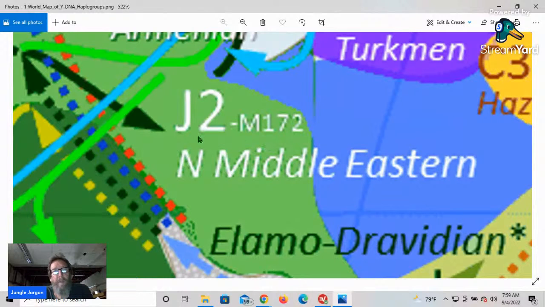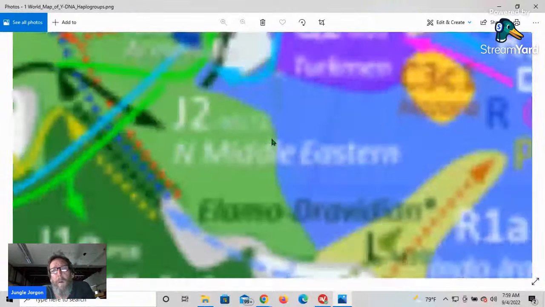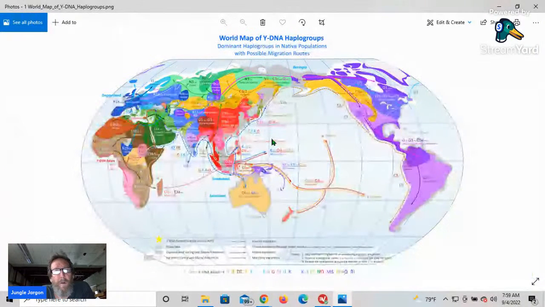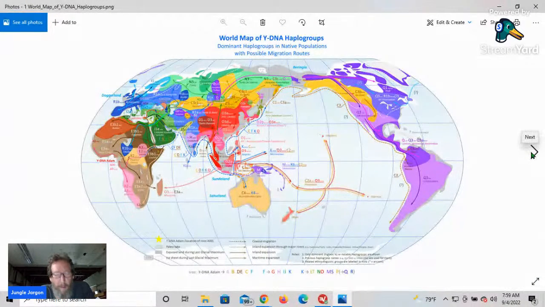J2 would be Judaic, especially this M172, which I believe would be the descendants of the house of David and Solomon. So, because it's the largest population. Okay.